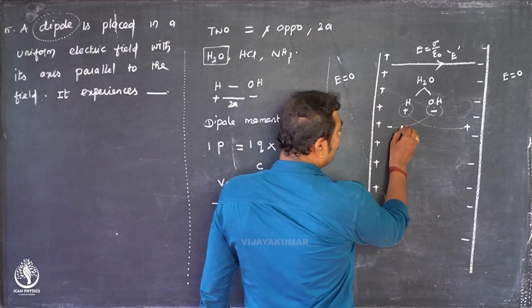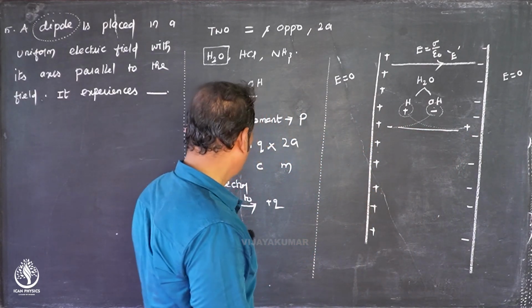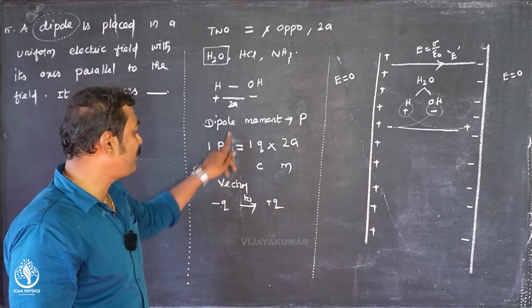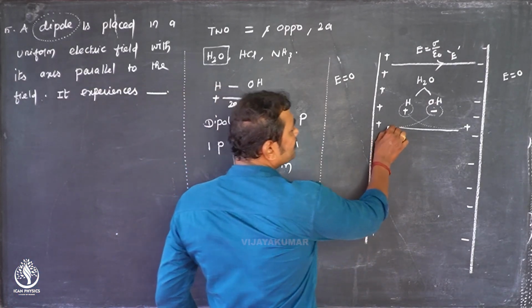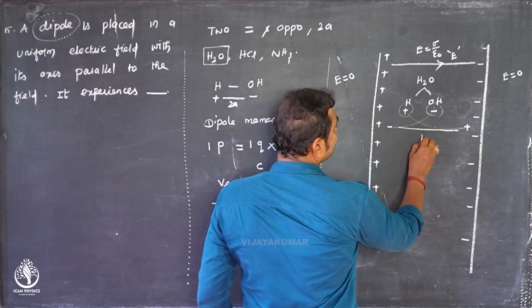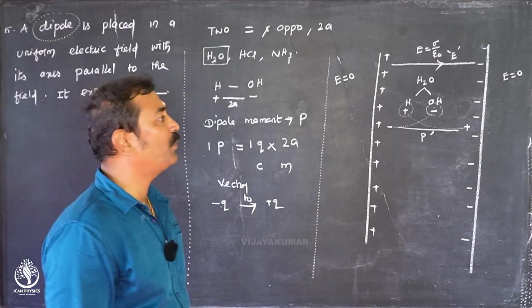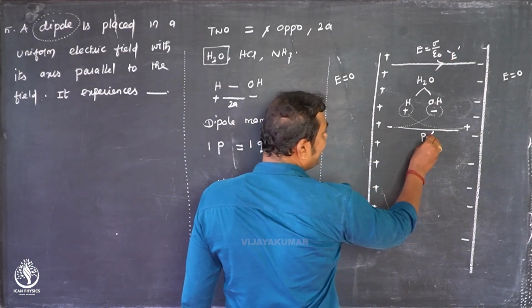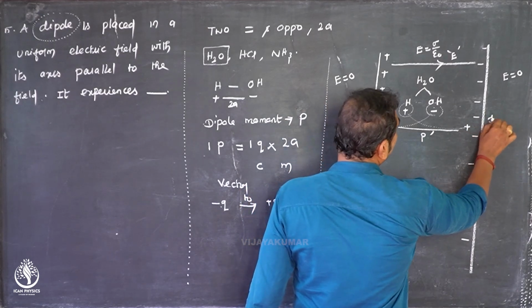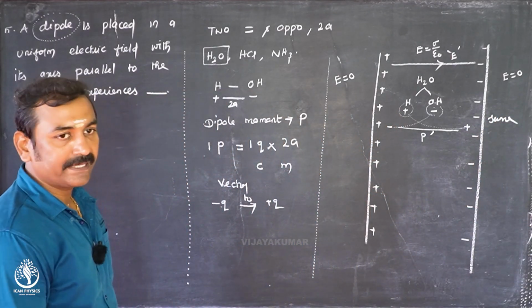Now the positive and the negative are separated. We know that electric dipole moment acts from minus q to plus q, so it is called an induced dipole moment. From the diagram we can say the electric field and the induced dipole moment act in the same direction.